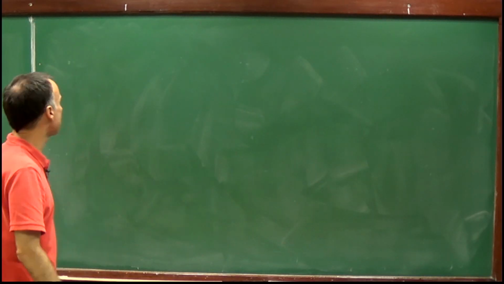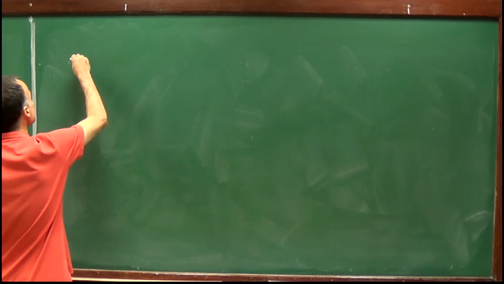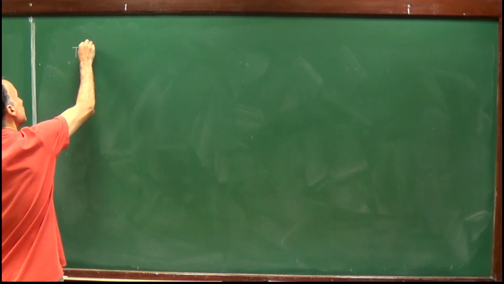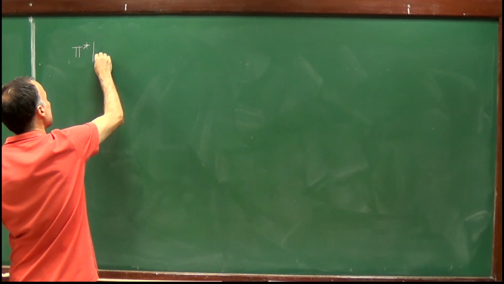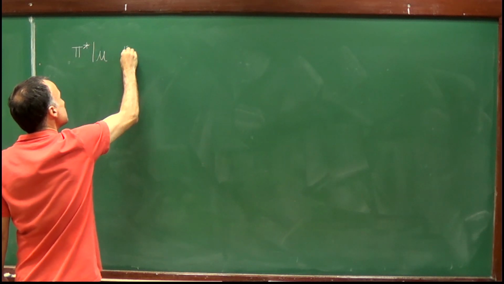Now what we have to prove is that P star restricted to M is sigma additive.